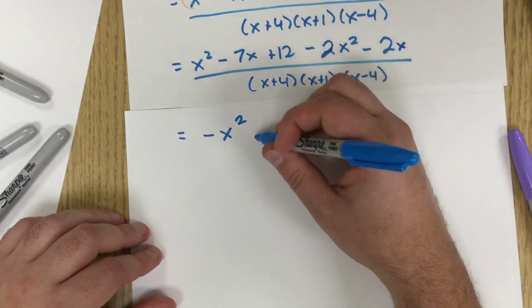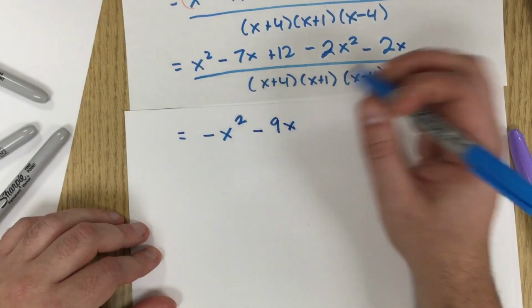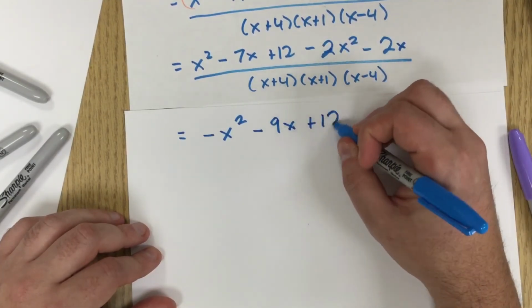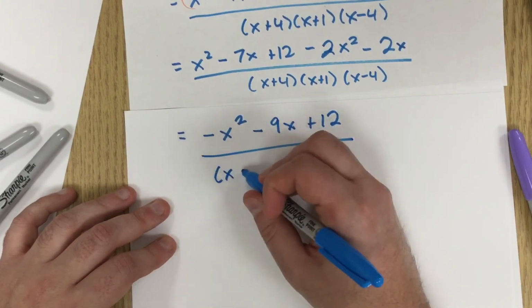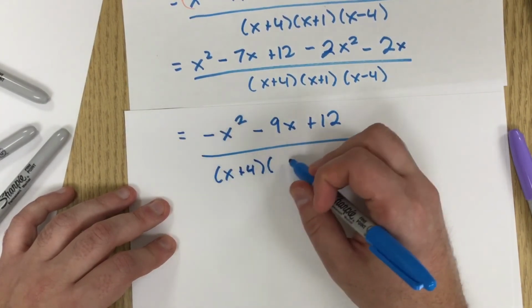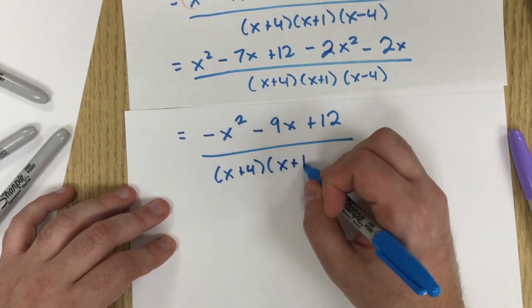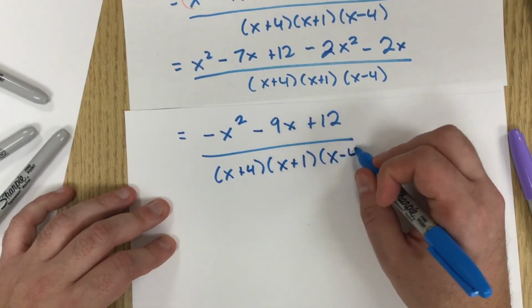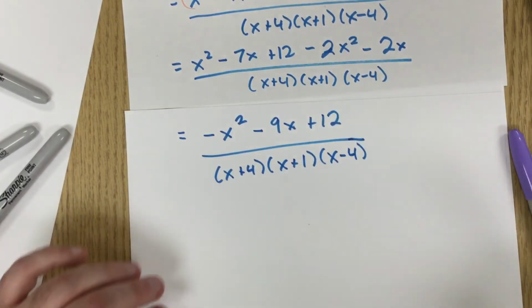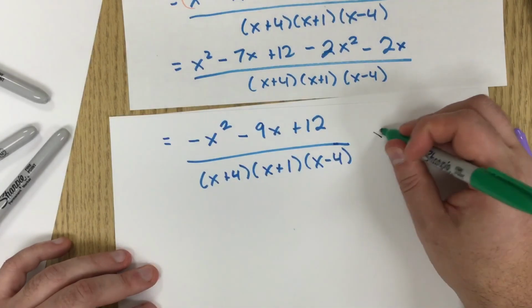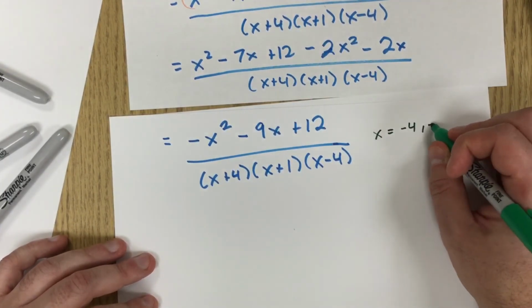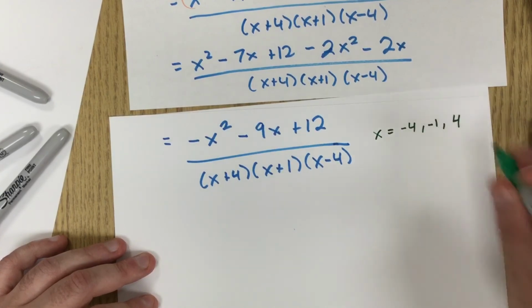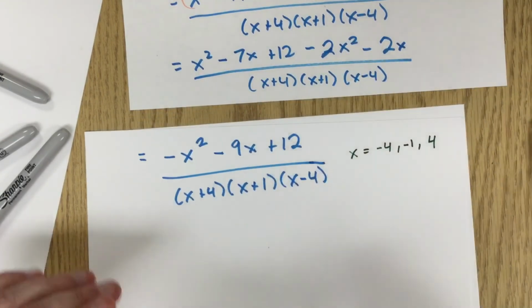Minus 7x minus 2x is minus 9x plus 12 all over (x plus 4)(x plus 1)(x minus 4). And the restrictions are, of course, negative 4, negative 1, and positive 4. And there we go.